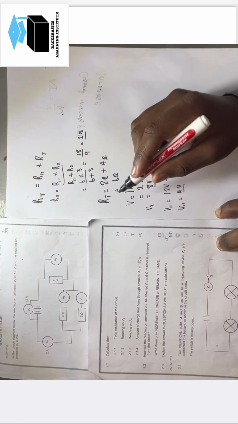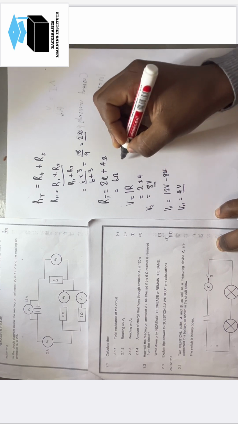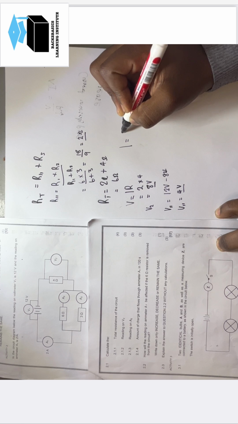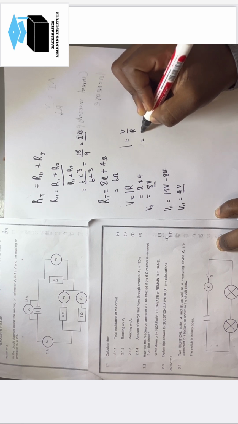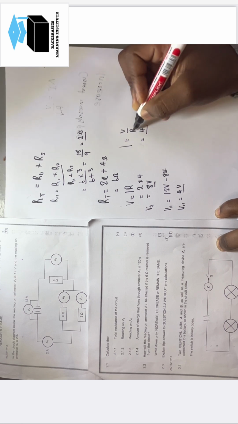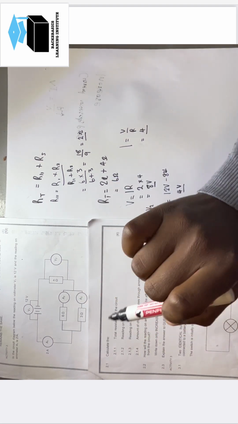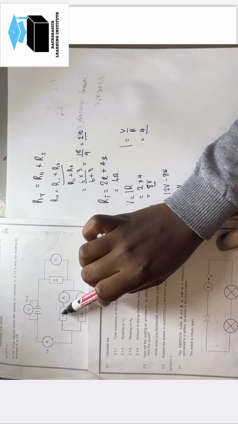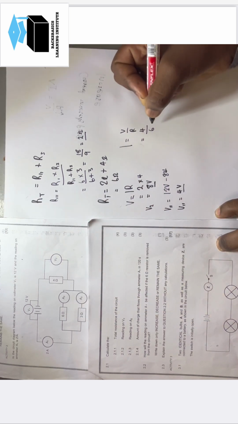Now we can calculate the ammeter reading in A2, which is your current. So you're going to say, look, current is equal to V over R. Do you have your voltage? Yes, you do. It was 4. And what is the resistance in this case? Because you are only looking for A2, which just reads the current that passes through your 6 ohms, under resistance you're going to write the 6.